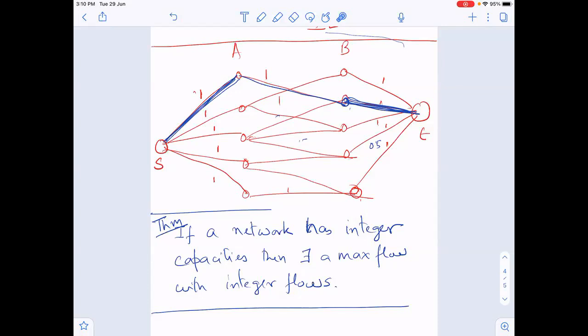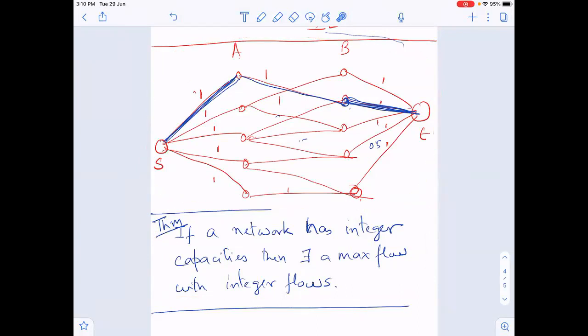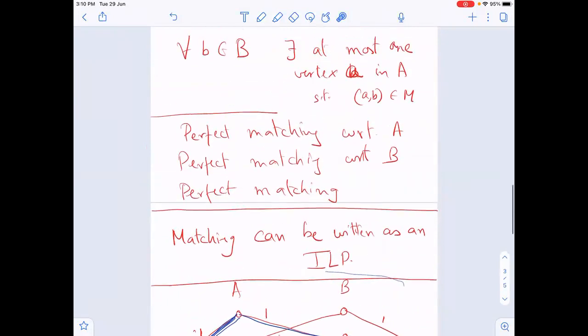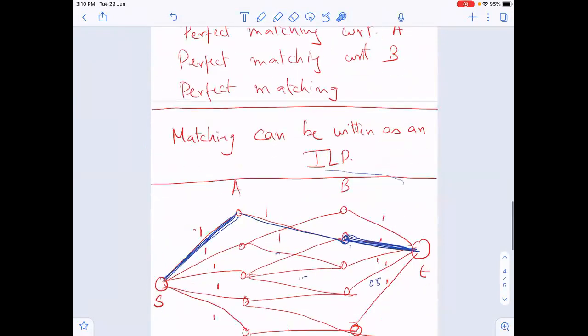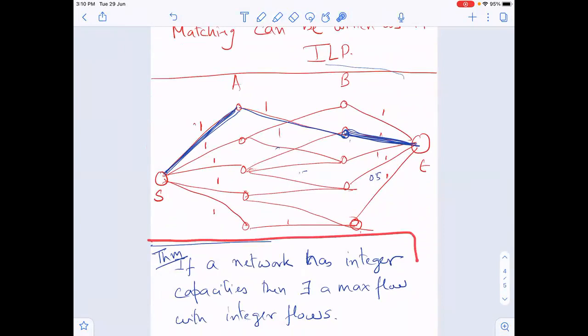So assuming this theorem, this flow problem actually solves the maximum matching problem. Okay, so where are we? I have not yet proved the theorem, and this is something that I will prove to you soon.